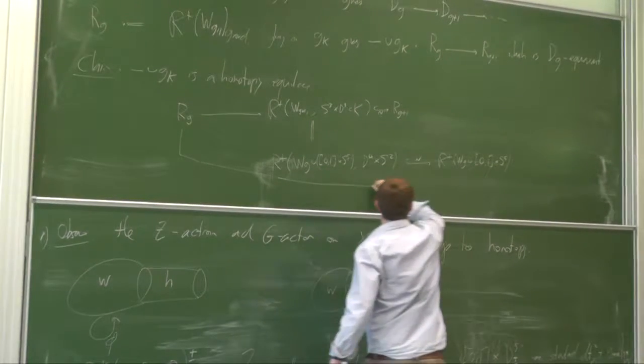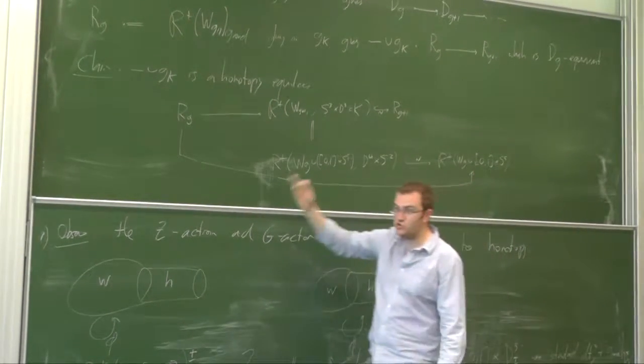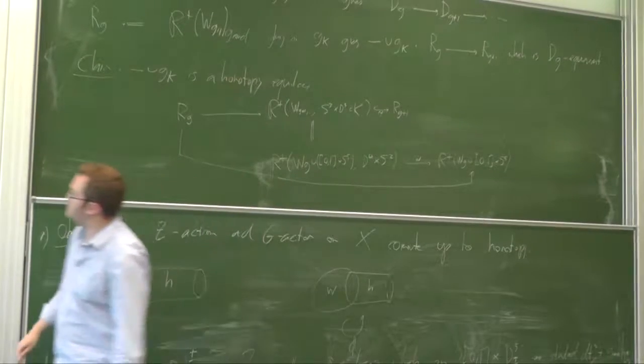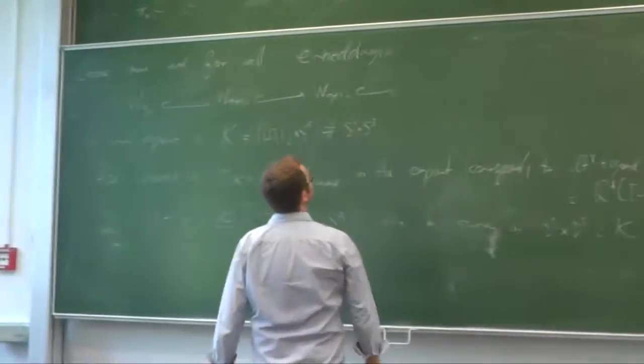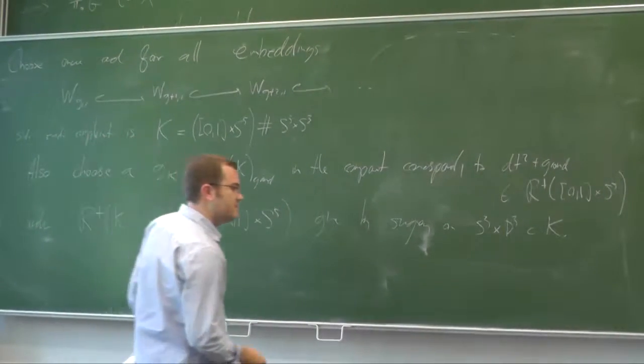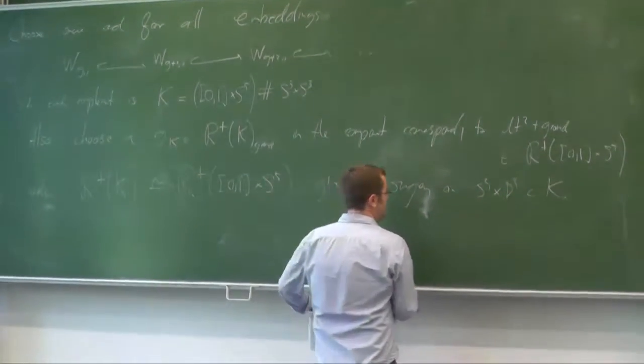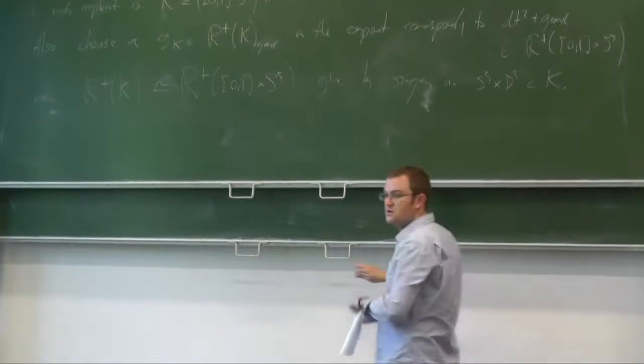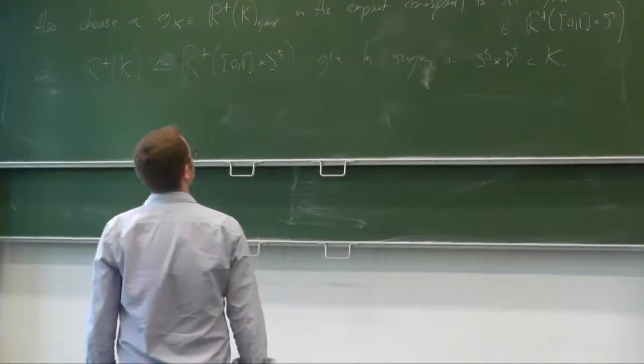The whole thing now, by the way that I chose my GK, is given by gluing on the cylinder metric, which I had written there somewhere. Where have I chosen GK? Is it there? Oh yeah, right.